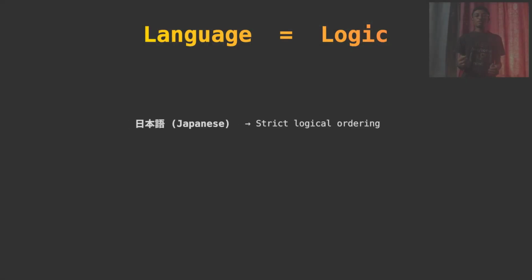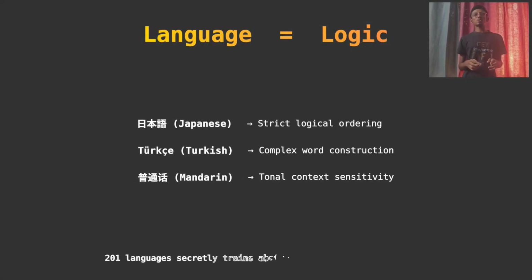But many of you will be thinking, what is so great about achieving language superiority? Here's the thing that most reviewers miss. Why is the 201 language training going to make the model think better in normal use cases? Because in neural networks, language is equal to logic.